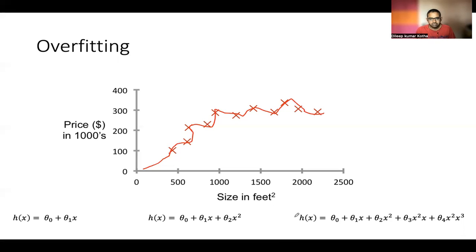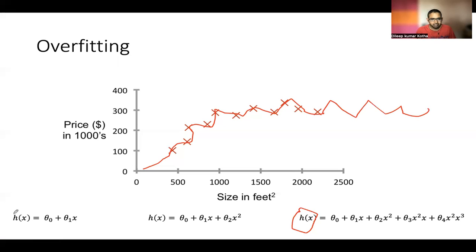But this hypothesis is not perfect. The reason being, if you give some new data to it, it will not get you the correct result. So this has high variance. So it will keep on trying to go like this, like this, like this. So it has a high variance and it doesn't fit our data.